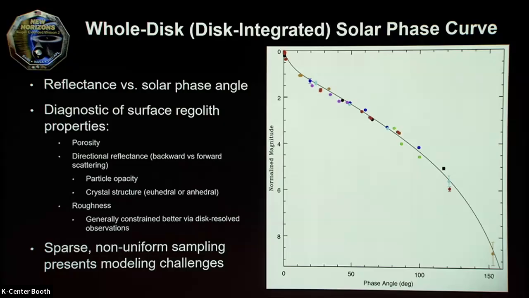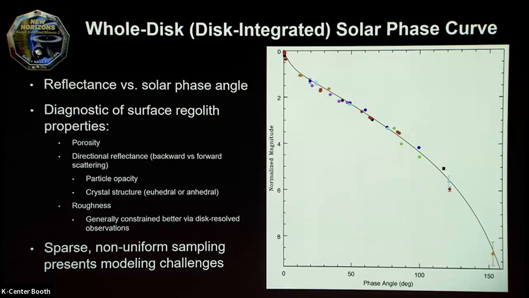But from modeling this variation in reflectance with phase angle, you can determine regolith properties such as the porosity, directional reflectance, whether particles scatter preferentially forward or backward, particle opacity, and crystal structure, whether they're euhedral, well-formed crystals, or anhedral.